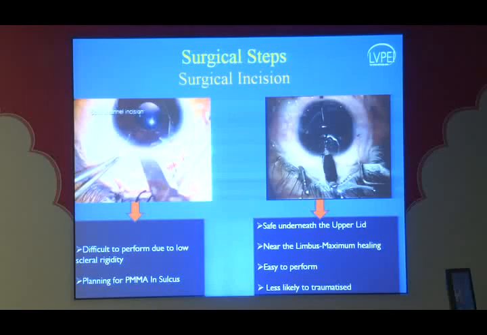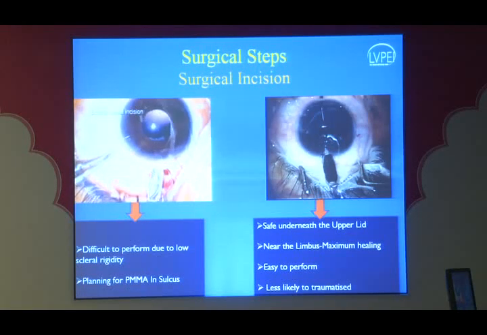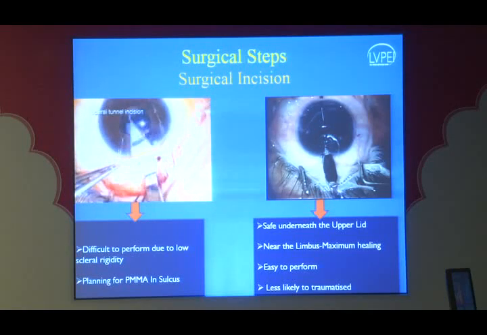Then surgical incision, this is again a very important step. Scleral incision is very difficult to perform due to the low scleral rigidity. If you are a phaco surgeon, then definitely the clear corneal or limbal approach is the best one. But if a SICS surgeon wants to put a PMMA lens, depending on the logistics available, probably the scleral incision would be better.